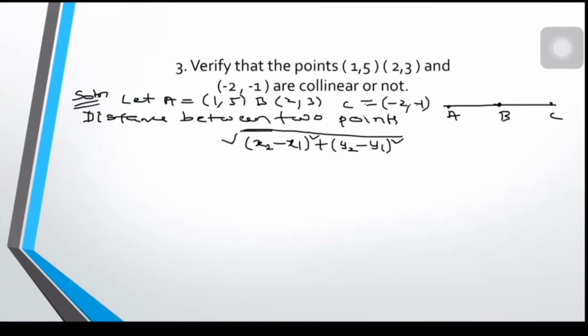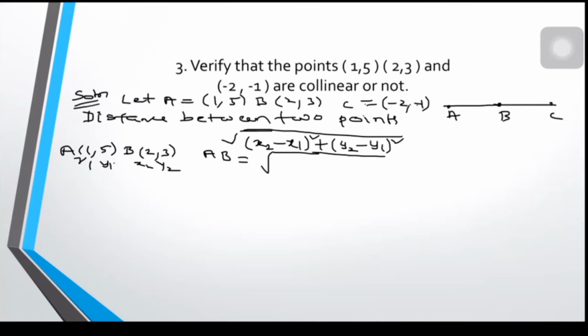Now find the AB distance. A is 1, 5; B is 2, 3. Here x1, y1 and x2, y2.